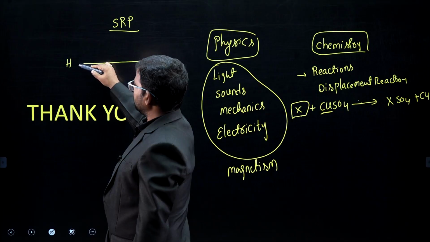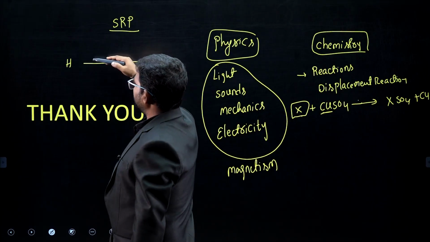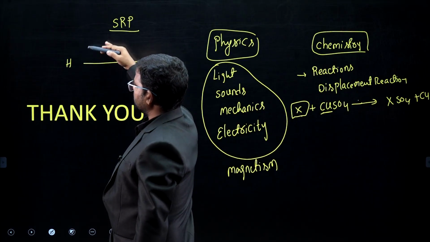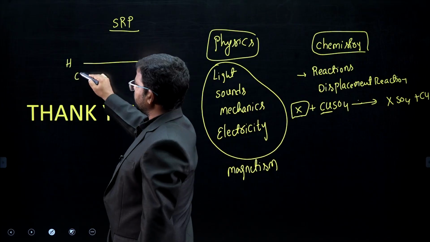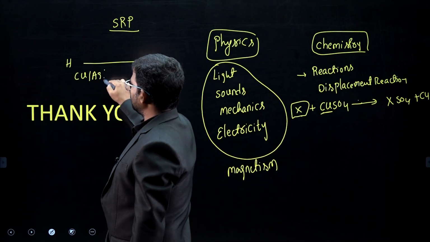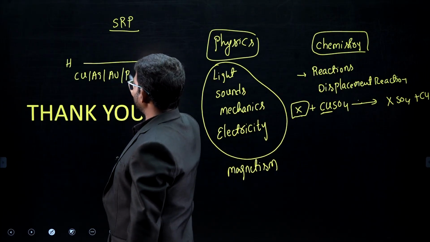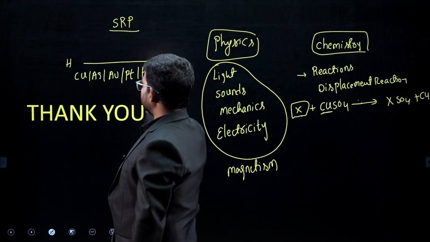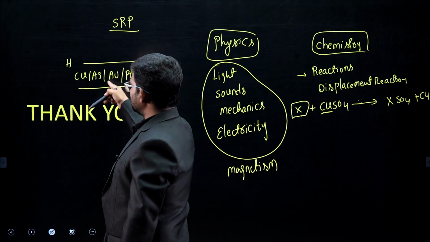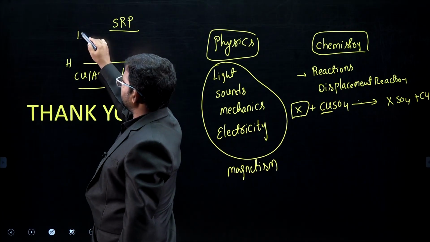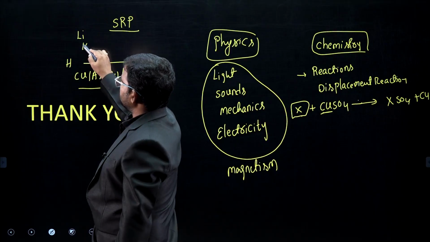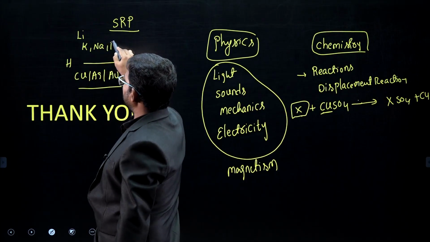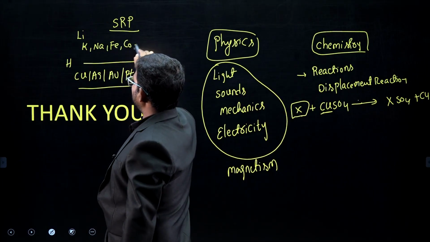Here we have hydrogen. Based on this hydrogen, elements are classified. Here we have copper, silver, gold, next platinum, mercury. Platinum, mercury, these are less reactive. These less reactive elements are replaced by more reactive ones. Lithium, next potassium, sodium, iron, next cobalt, nickel.